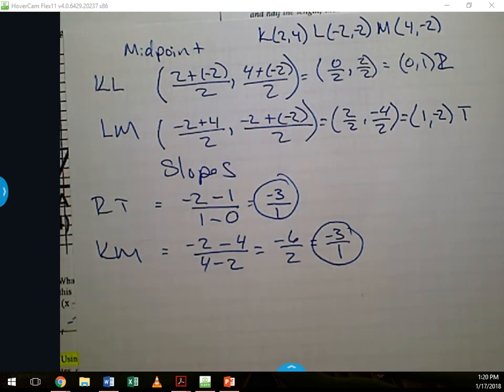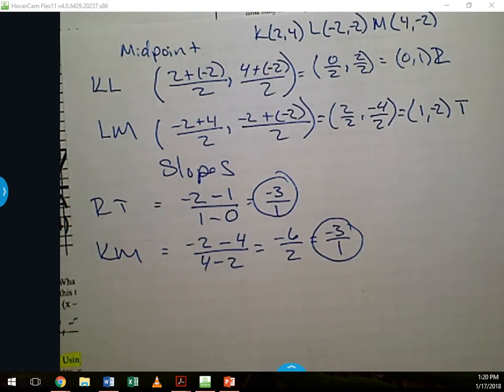Now, if you paid attention to the notes, what happens if I have the same slope? Parallel. Because we know parallel lines have same slope. Parallel lines have? Very good. You guys, every time, that word is going to come up almost every day for the rest of the semester.